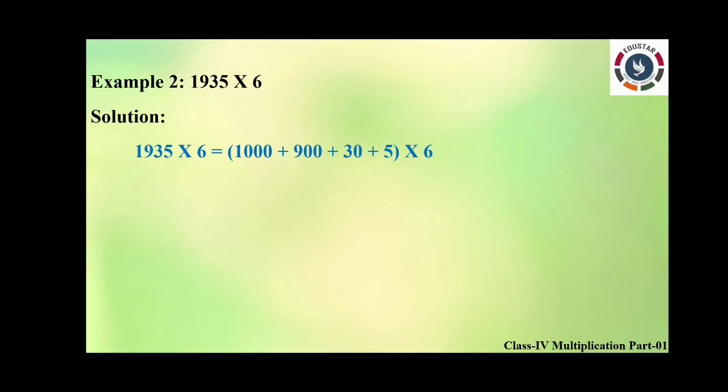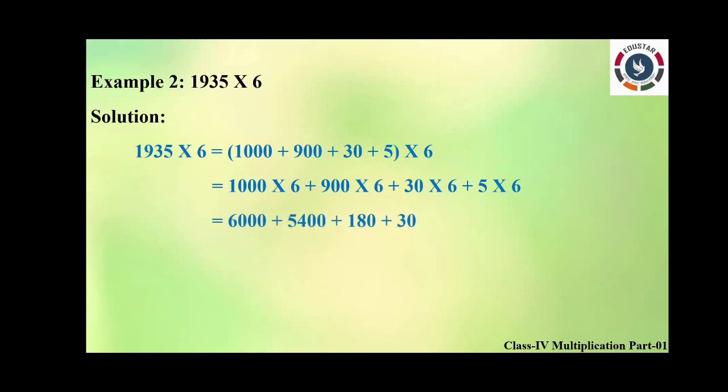Now we have to multiply (1000 plus 900 plus 30 plus 5) into 6. 1000 into 6 plus 900 into 6 plus 30 into 6 plus 5 into 6. 1000 into 6 is equal to 6000. 900 into 6 is equal to 5400. 30 into 6 is equal to 180. 5 into 6 is equal to 30.